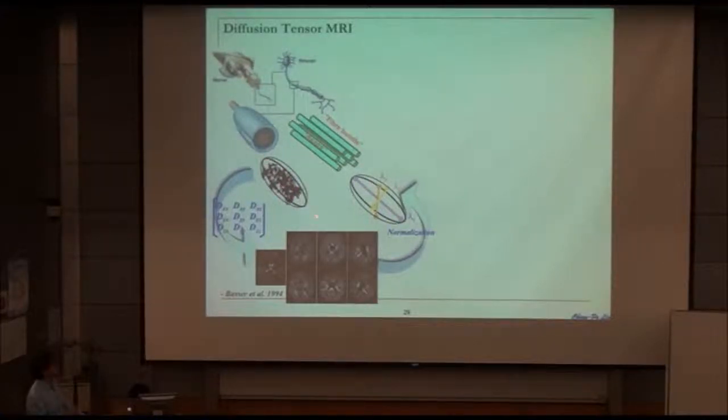That means it has symmetry characteristics. So these two diffusions are the same, these two are the same, and these two are the same. So for the 9 different numbers, we actually just have to measure 6 numbers. So what we have to do is measure 6 different diffusion directions and 1 reference image. That's the basic idea for DTI, and that's also the reason why it's so successful.